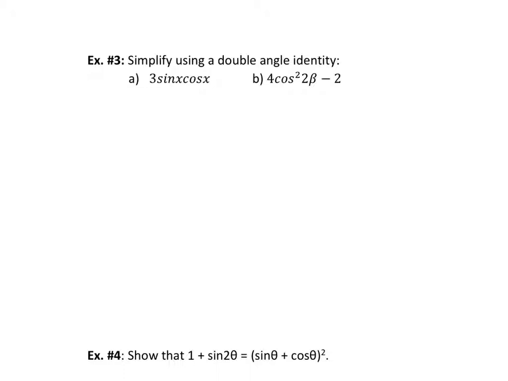Simplify means what? If I just asked you to define simplify to a 7th grader, what would you say? Make it more simple. Take it down to its simplest form. If it's a fraction that can be reduced, reduce it until you can't divide anymore, right?